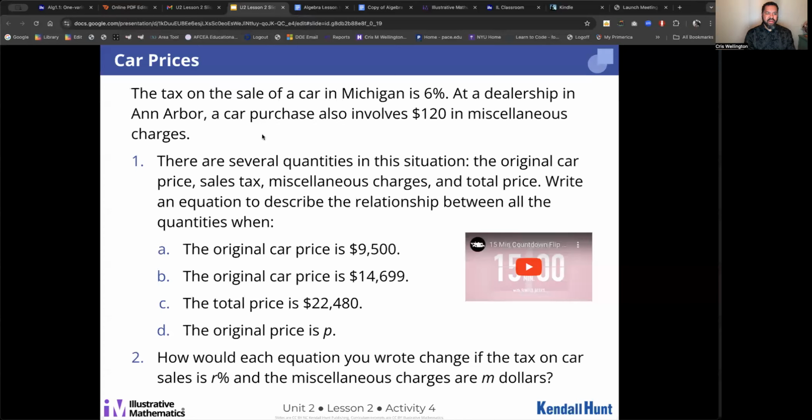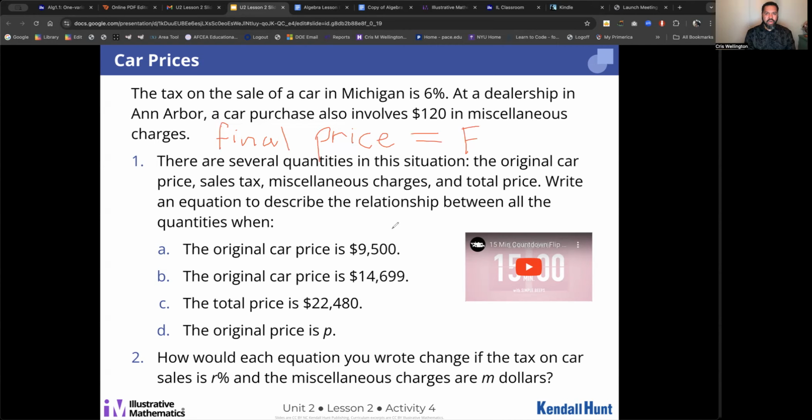Let's define the variable like we were talking about yesterday. Final price equal to F.